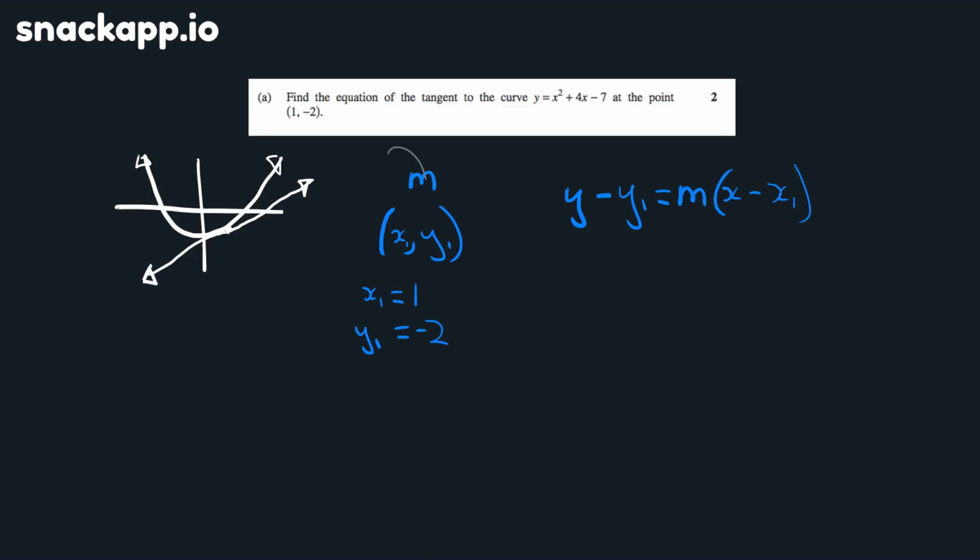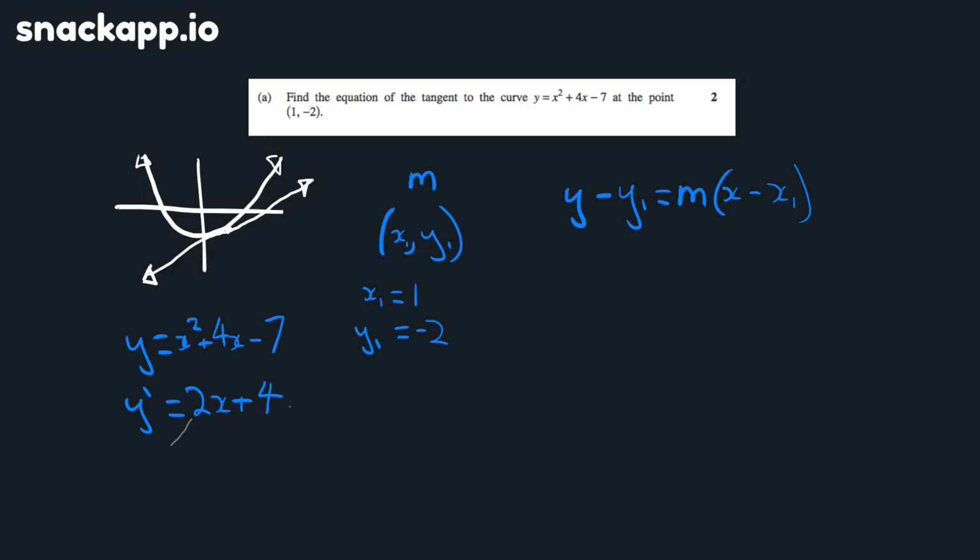The tricky part is finding this gradient n. Now, what you've probably learned is that the gradient is just the same as the derivative at that particular point. So if we take our curve, y equals x squared plus 4x minus 7, we can find the gradient of that by differentiating. So we've got y dash. Just take the power down, 2, take 1 off the power, x, plus this just becomes a 4.